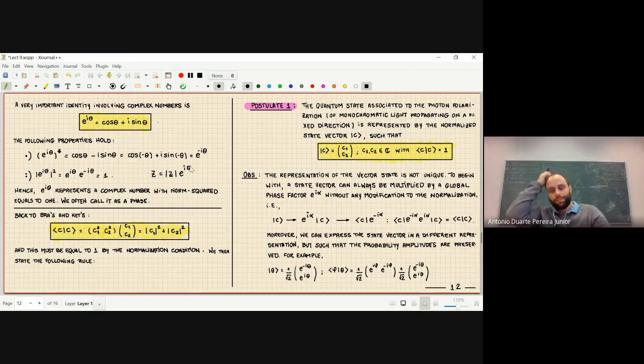Okay? You see that if I take the norm of the phase, this is 1, so the norm will be the norm of z. And you see that I'm just decomposing the complex number in its norm times a phase. So this is another way of seeing complex numbers.